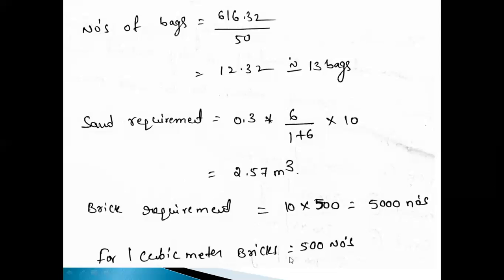For 1 cubic meter, 500 numbers of bricks is the quantity. Here we find out for 10 cubic meters, so 10 into 500, 5000 numbers. It is the brick requirement. So in this we find out the cement requirement, sand requirement, and brick requirement. And next we go to the cost of material and cost of labor.